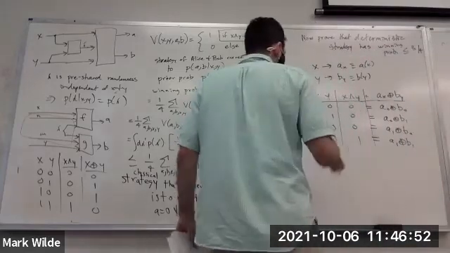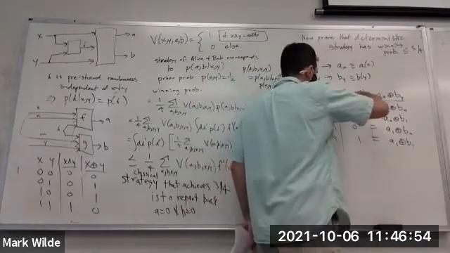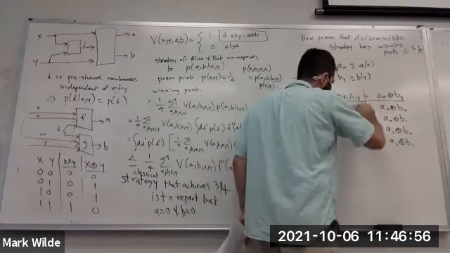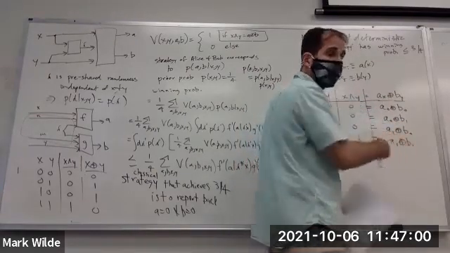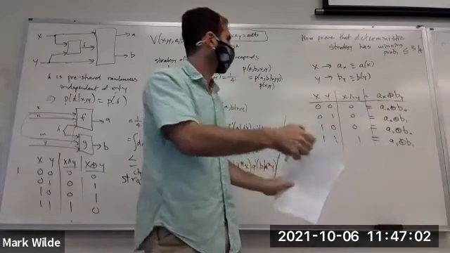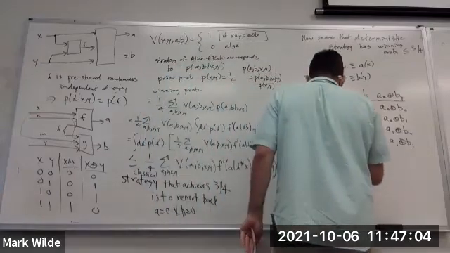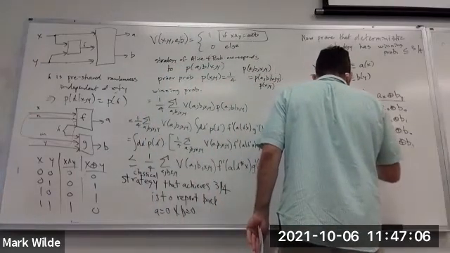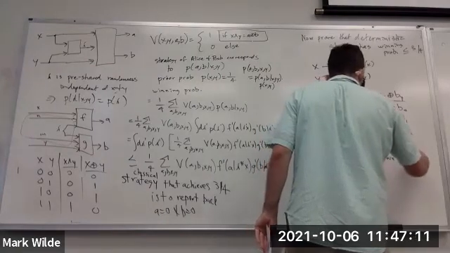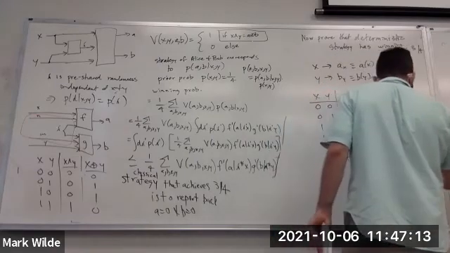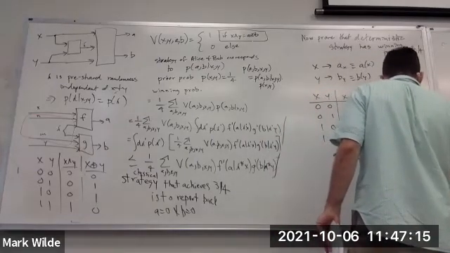Then if I added all the entries in this column and all the entries in this column, we would have equality because all the individual equalities hold. So let's add column 2, add column 3.